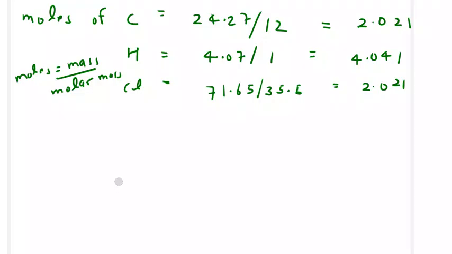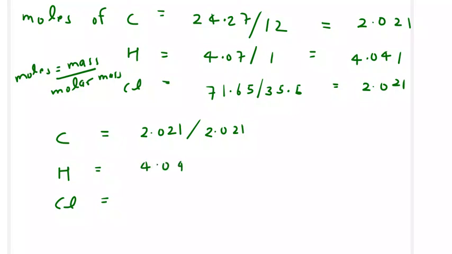For that we have to divide with the smallest coefficient. Carbon, hydrogen, chlorine: 2.021 divided by 2.021, 4.041 divided by 2.021, 2.021 divided by 2.021, which correspond to the numbers of atoms in the empirical formula: 1, 2, 1.